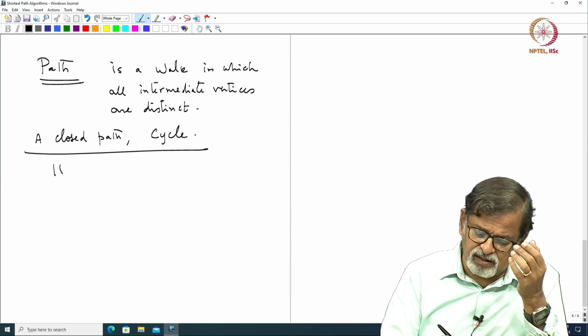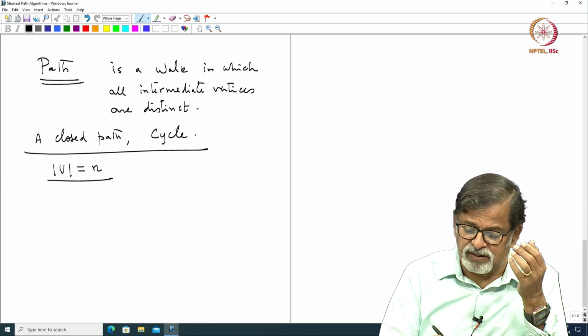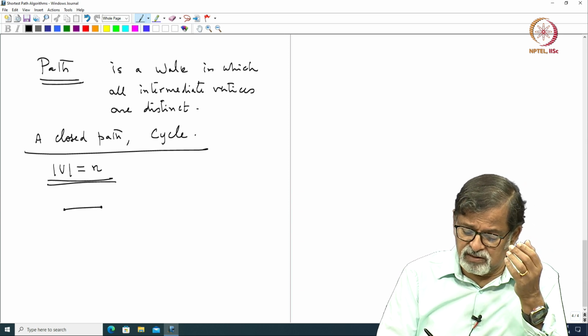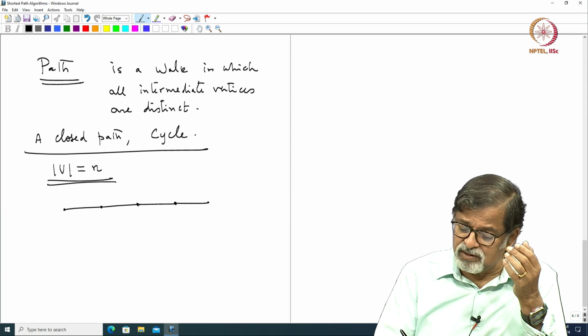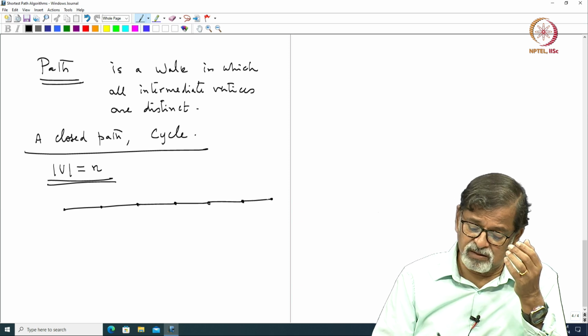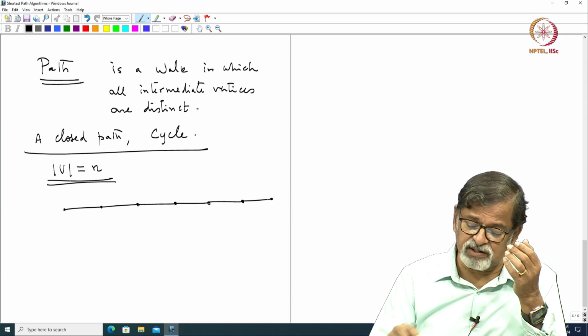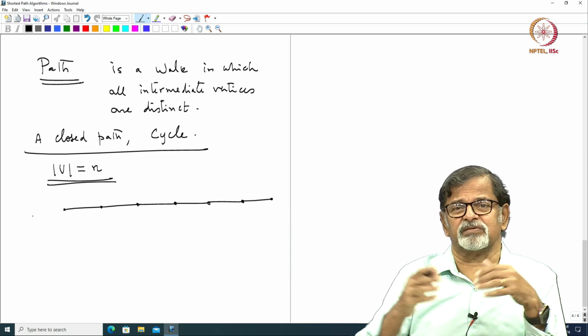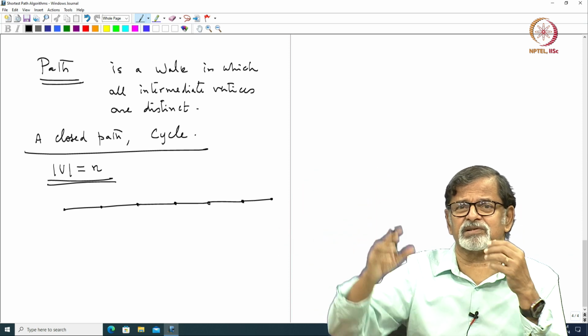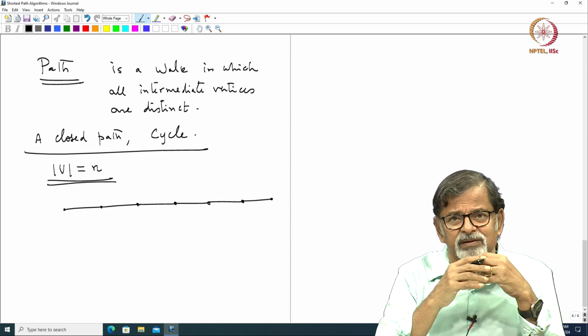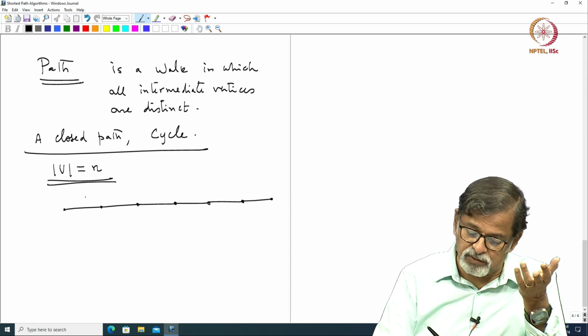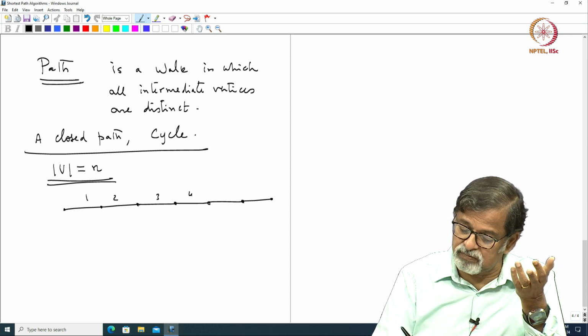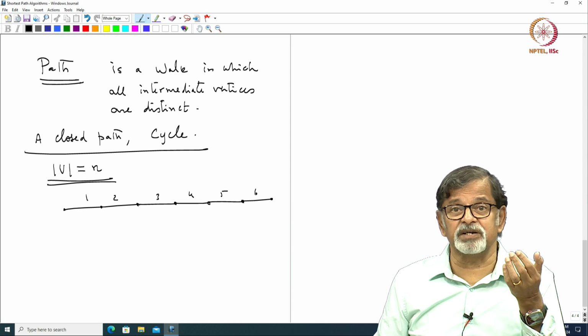If the cardinality of V equals n, if there are n vertices, let us say 1, 2, 3, 4, 5, 6, 7, 7 vertices, and all 7 vertices are in the path, that means there are 6 edges.